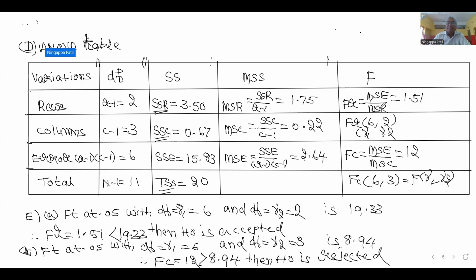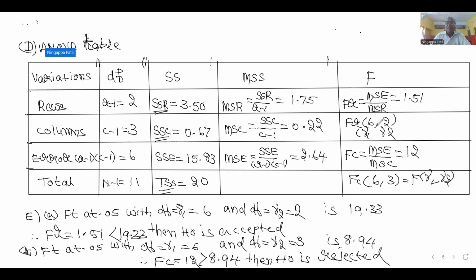FR equal to MSC divided by MSR you take. Suppose MSR is 9, then you take MSR divided by MSC. And because MSC is greater, so that MSC divided by MSR. Its value you are getting 2.64 divided by 1.75. You are getting 1.51. And FR and its mu1 and mu2 values.